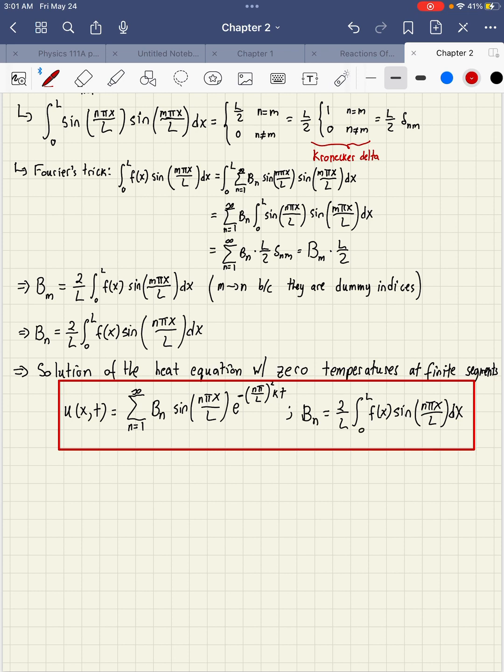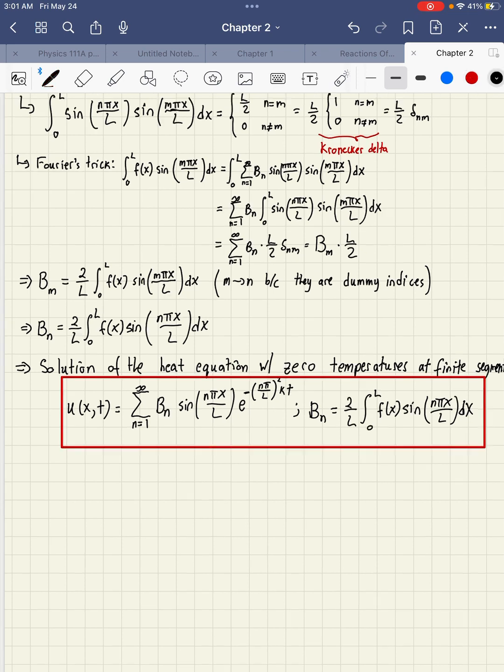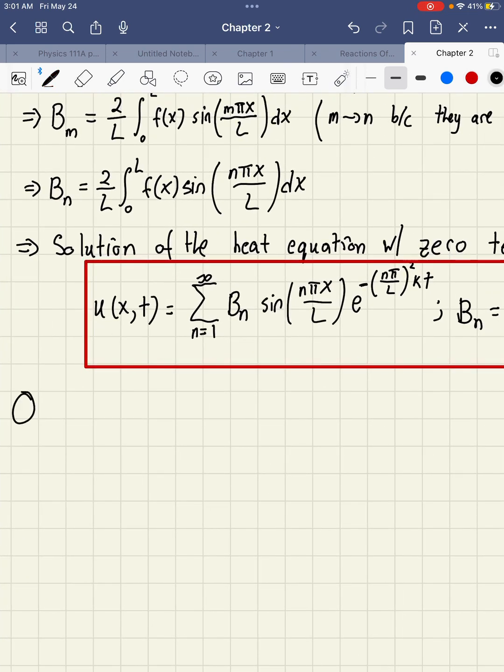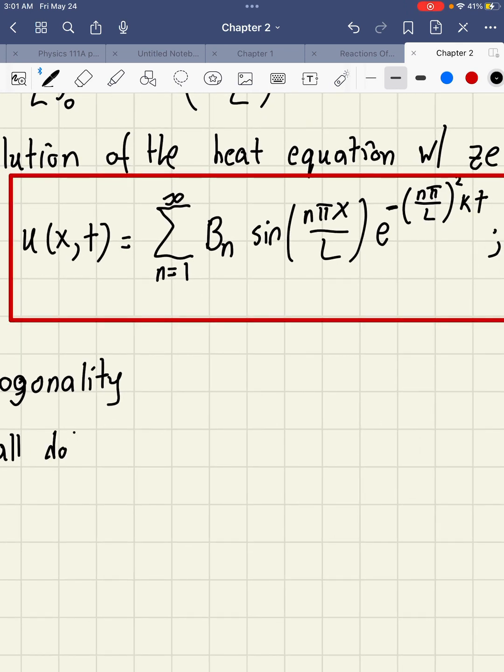And let's finish this off about what I mean by orthogonality, which is going to be very short. The orthogonality. Let's recall the dot product.